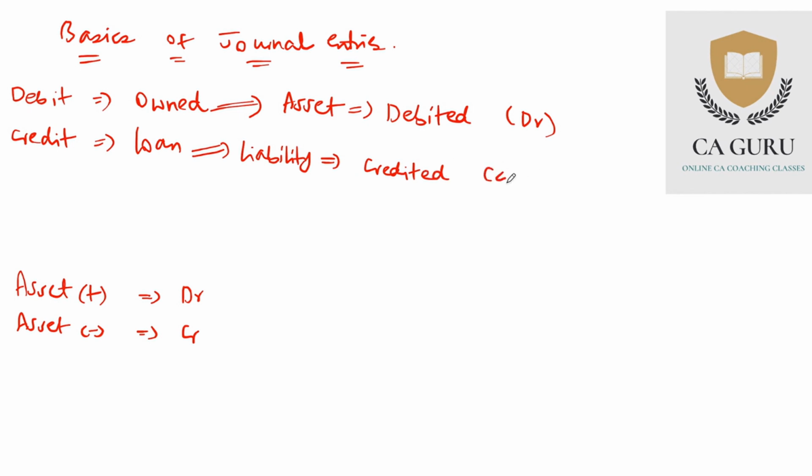If liability increases, you will credit, and if liability decreases, you will debit the liability, just the reverse of the asset. So these are the four instances which are fundamental to your understanding of the journal entries.